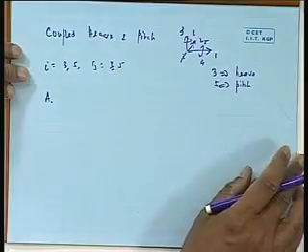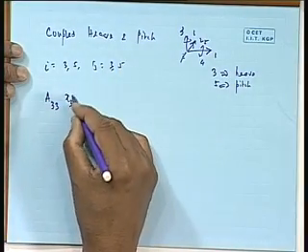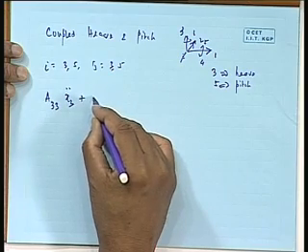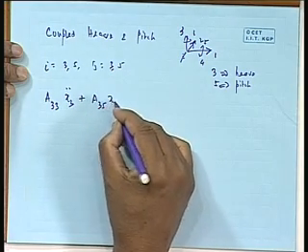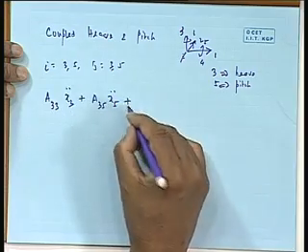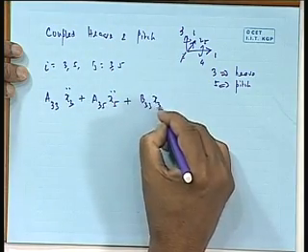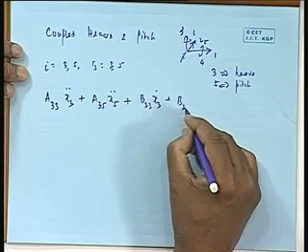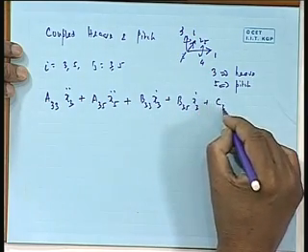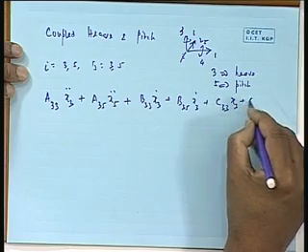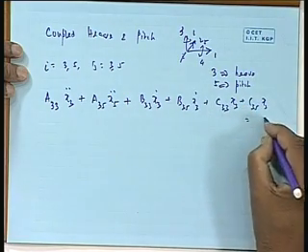These two will actually exist. So I will have a33 x3 plus a35 x5 plus b33 x3 plus b35 x3 plus c33 x3 plus c35 x3 equal to f3.